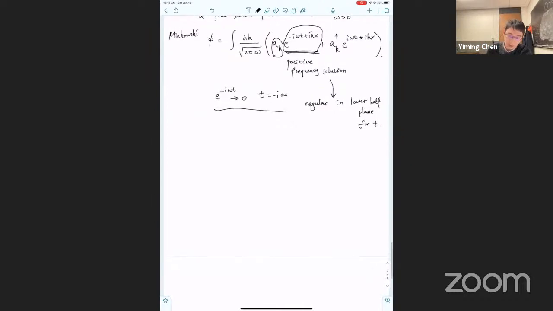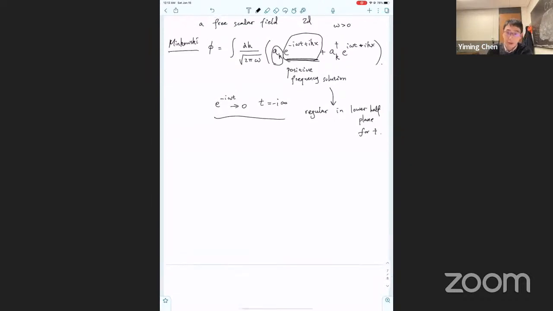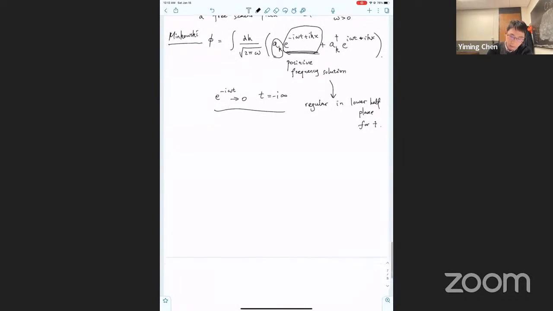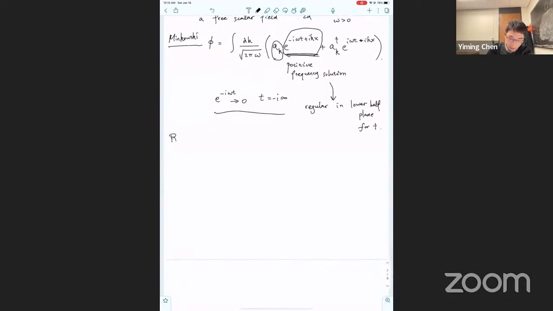So that is the mode expansion in the Minkowski coordinate. But on the other hand, now we want to consider the Rindler coordinate and do a mode expansion in the Rindler coordinate, because that's the mode expansion that will be suitable for a Rindler observer to describe the particle excitations in the Rindler space-time.